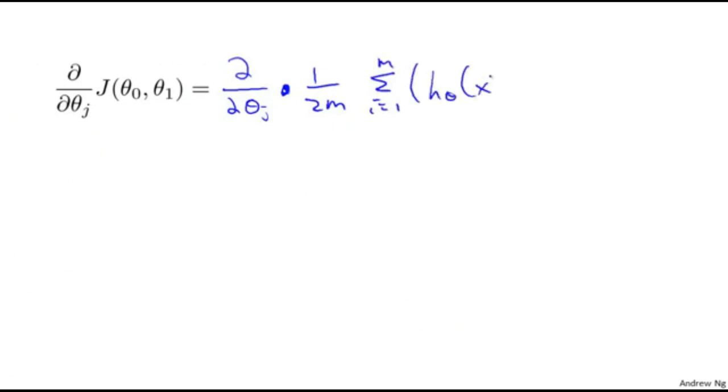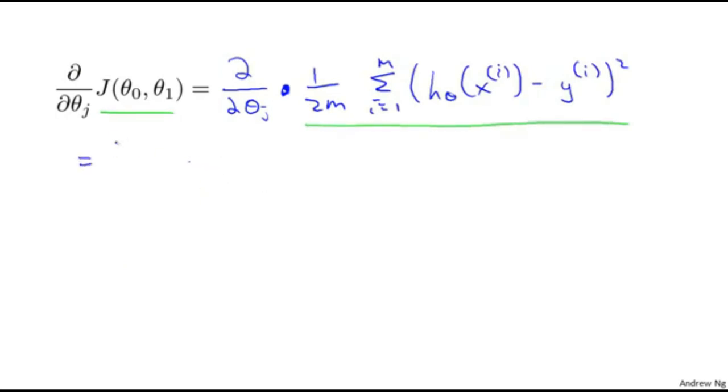So we need to figure out what this partial derivative term is, and plugging in the definition of the cost function J, this turns out to be this: sum from i equals 1 through m of this squared error cost function term. And all I did here was plug in the definition of the cost function there.